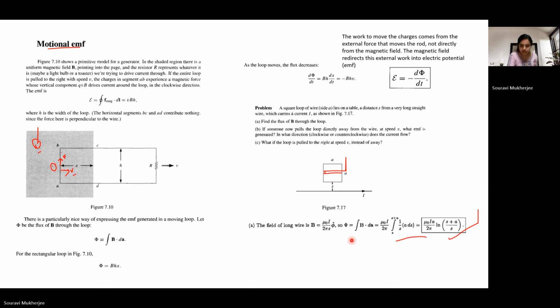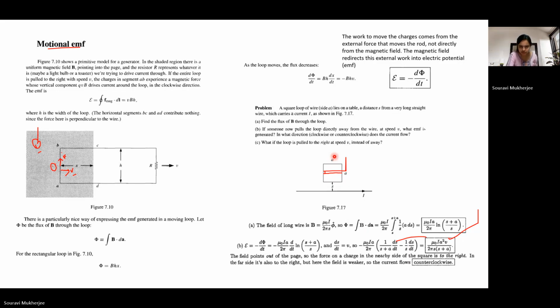So if you know the speed with which you are taking the loop away, you know the rate at which the flux is changing, and that will give you the EMF. So EMF is minus d phi dt. Now, phi is given by this relation here.